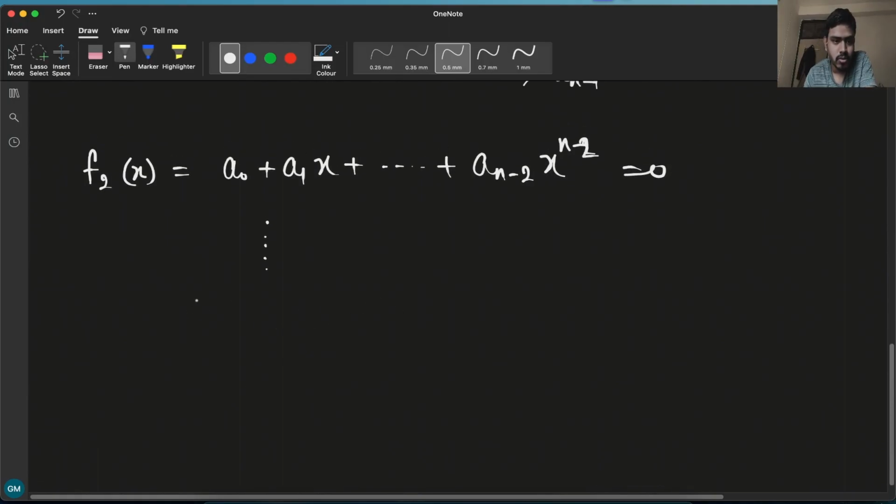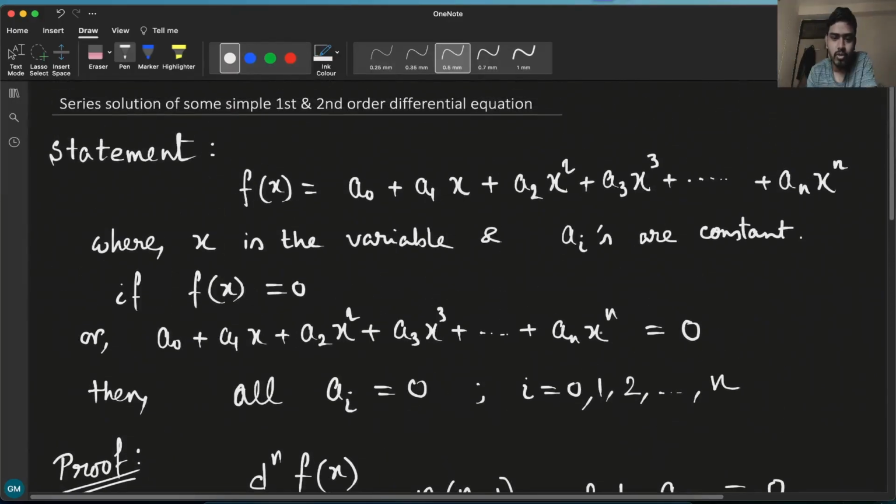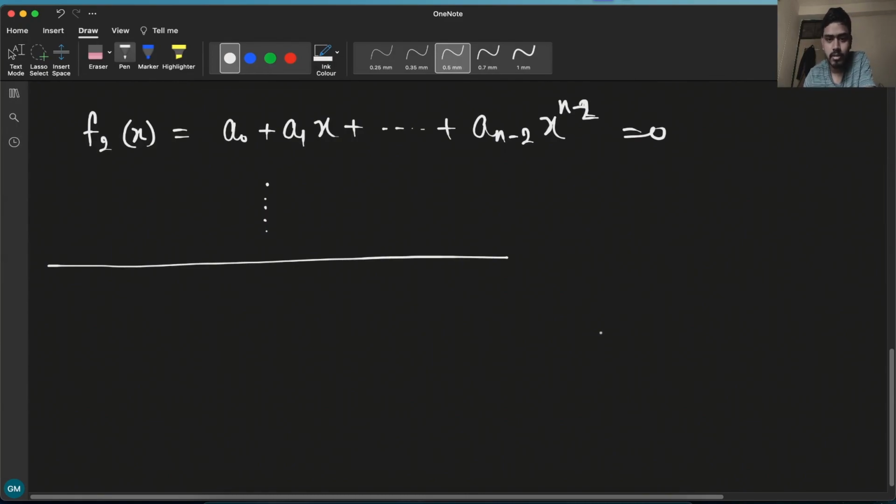So the statement is, if a0 plus a1 x plus a2 x square plus a3 x cube dot dot dot an x to the power n equals 0, then all these coefficients are individually 0. Why is this useful?